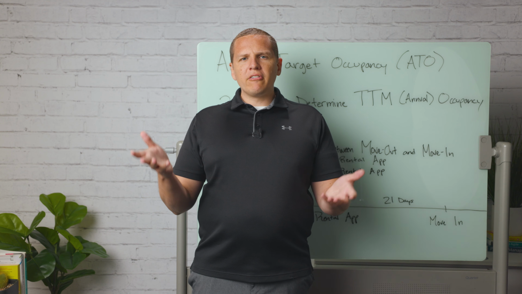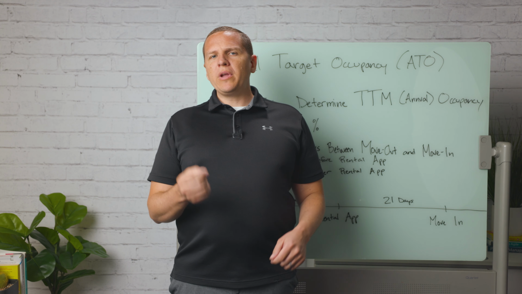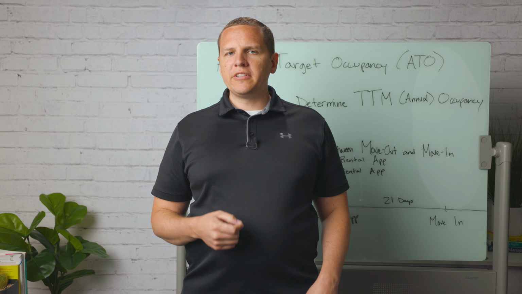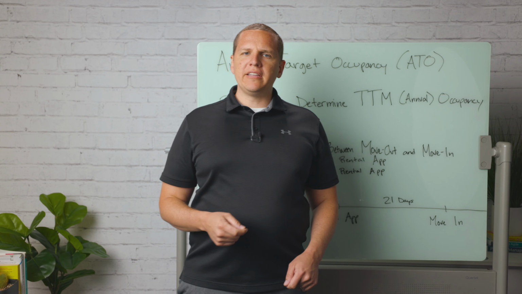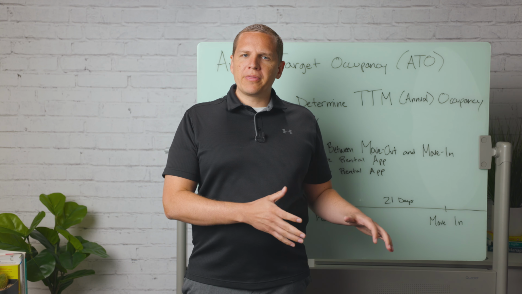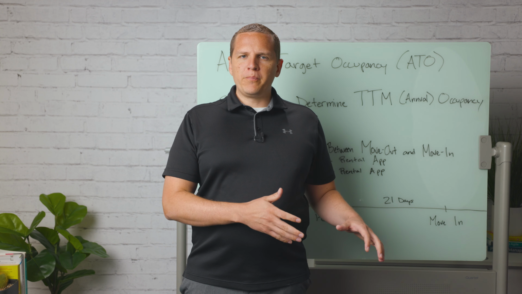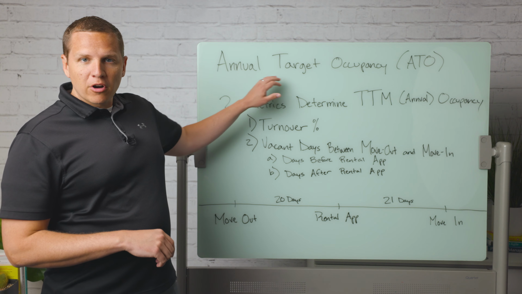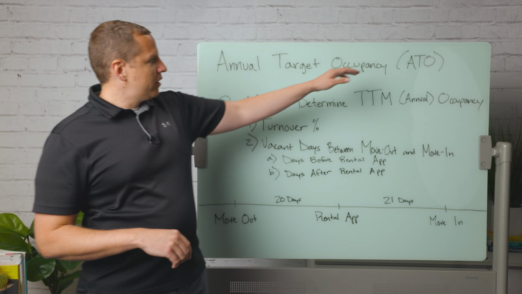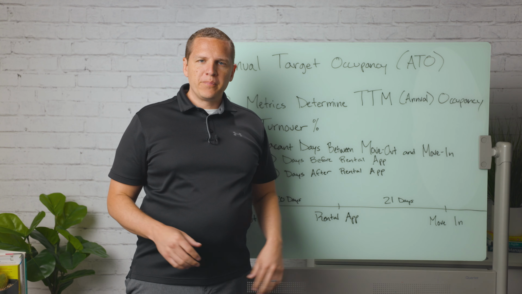So seasonality comes into play, and we have a metric called future occupancy target that takes into account a community's unique seasonality, and we'll talk about that in a future video. But in this video, what we're talking about is our annual target occupancy, or ATO for short.